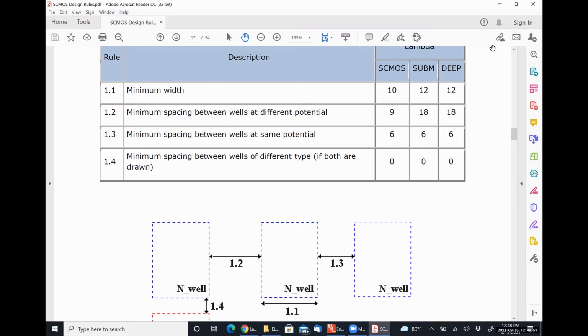So 12 lambda works out to be the minimum acceptable standard to have a yield better than 50%.